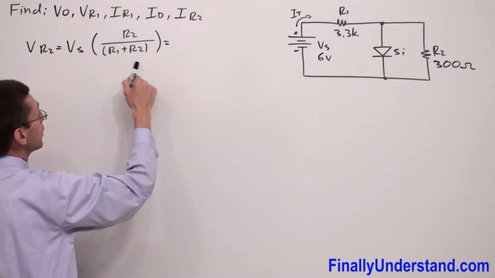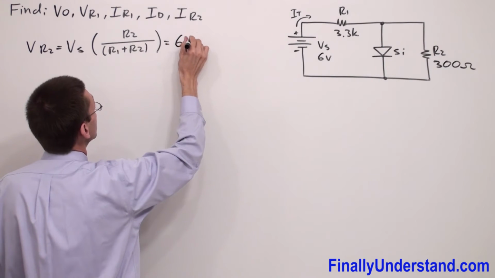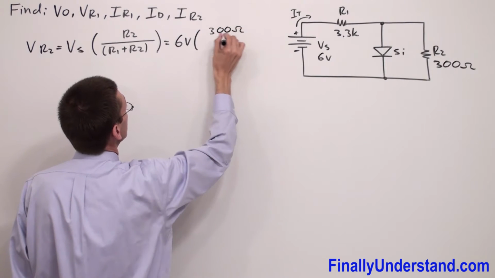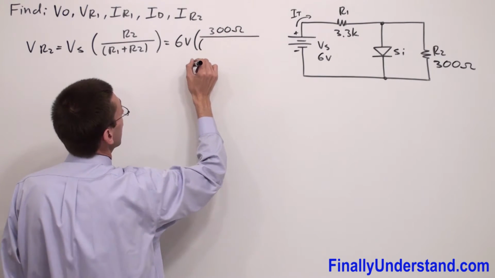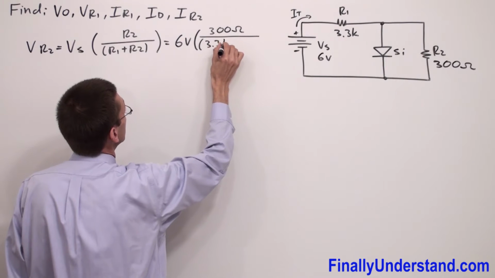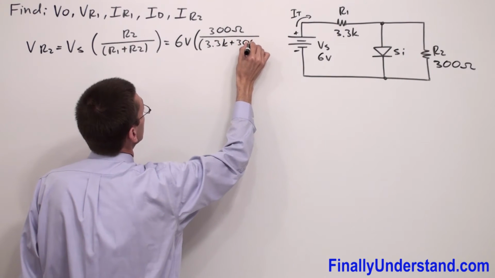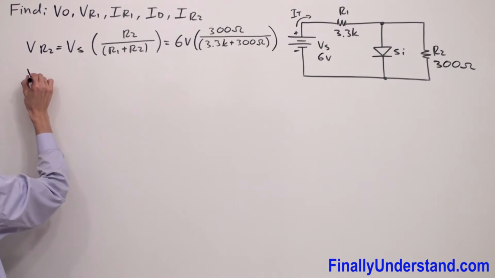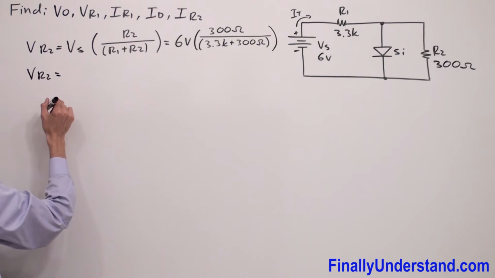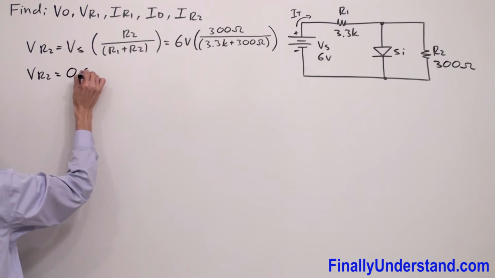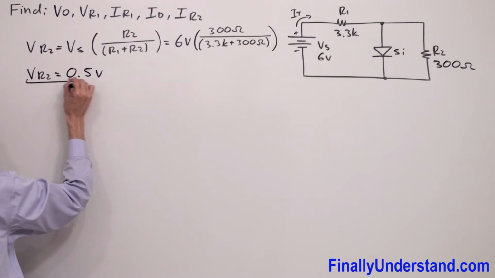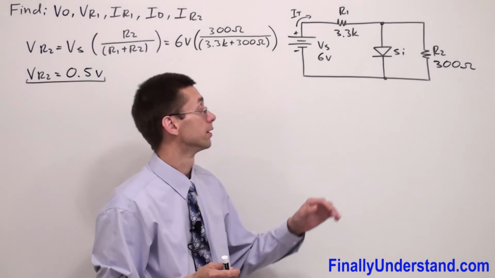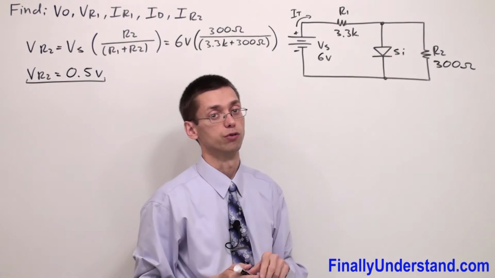This is equal to the voltage source, 6 volts, times R2, 300 ohms, over R1, 3.3 kilo ohms, plus 300 ohms. So VR2 is equal to 0.5 volts. So the voltage at the resistor R2 is 0.5 volts.